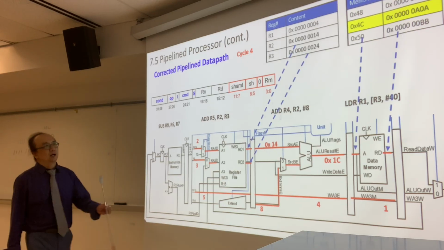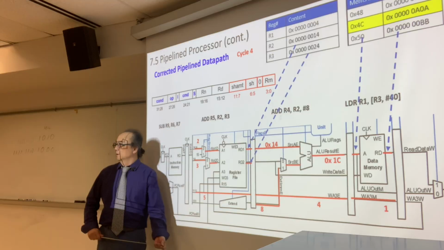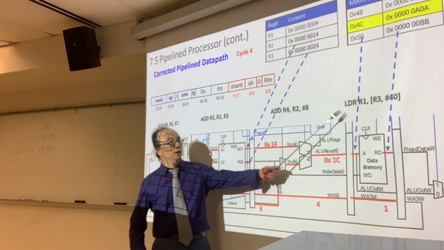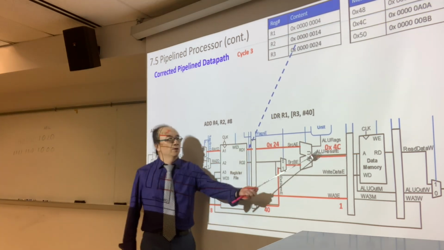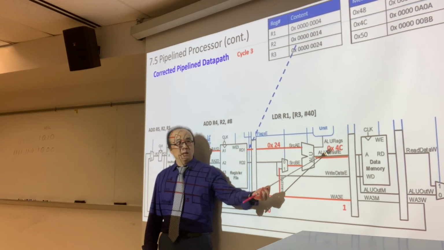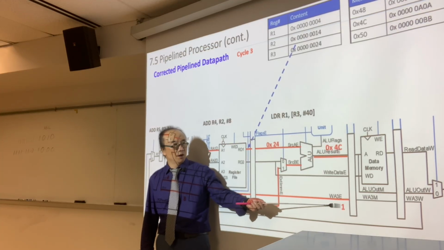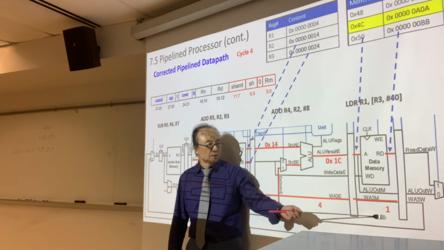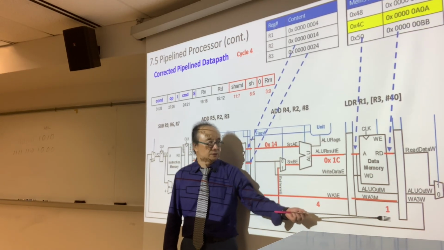Now LDR is in here, and then add, and subtract. So let's take a look at the LDR first. In the previous one, in cycle number 3, we calculated the memory address as 4C, and our destination register as 1. So in this cycle, I want to keep RD as 1, because I don't want to forget about this guy.